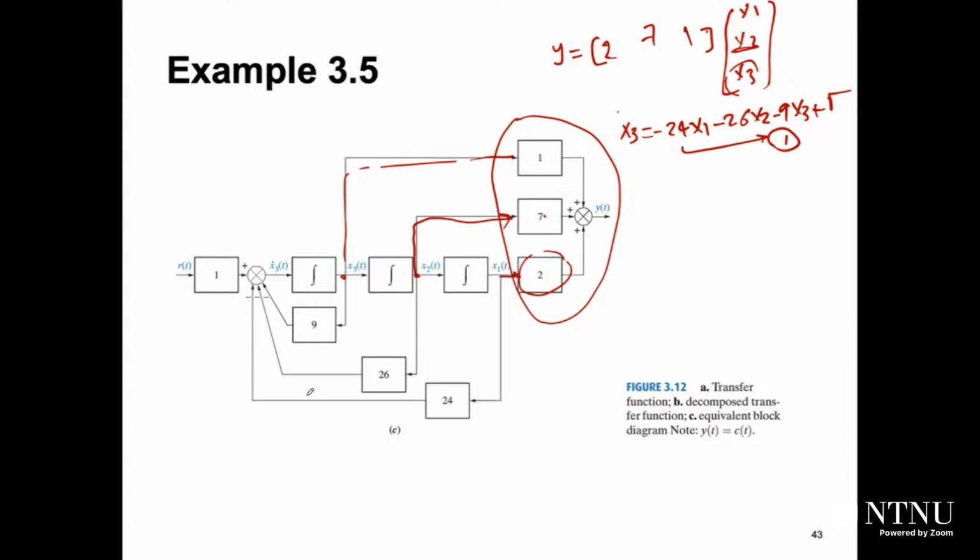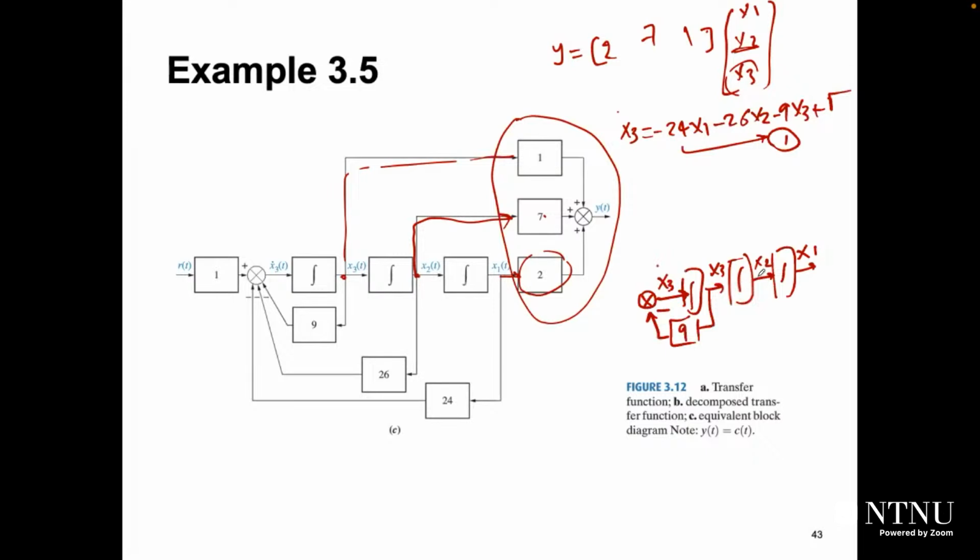To plot this graph, you need to start from the summing point. The output from the summing point will be x3 dot. Integrate it to get x3. Integrate it to get x2. Integrate it to get x1. Now try to reconstruct x3 dot. x3 dot is minus 9 x3, so this one will be multiplied by negative 9.